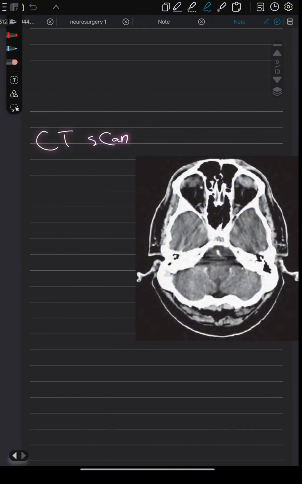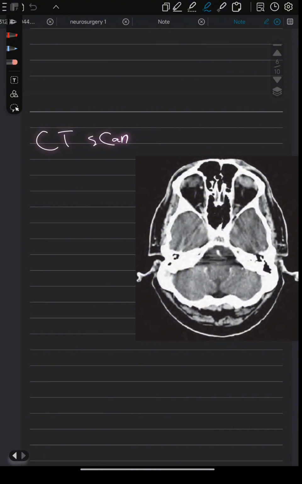These range from 1000 for bone to -1000 for air, with water being defined as 0 Hounsfield units. Denser tissues such as bone and foreign bodies appear white on CT, and less dense tissues such as air and water appear black. The addition of contrast makes tissues that enhance appear more dense or white.